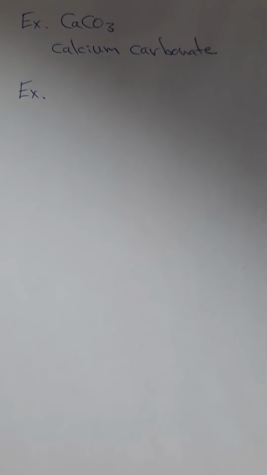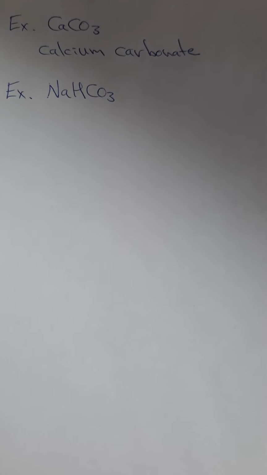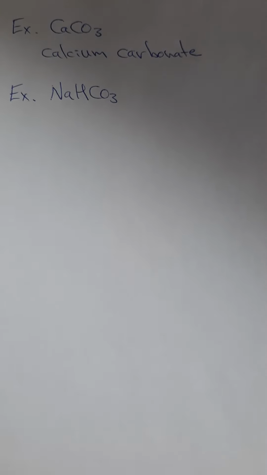Let's try one more here. I'm trying to choose one that we haven't done. Let's do NaHCO3. There are so many different rules for naming these compounds, I want to make sure we cover a good portion of them.